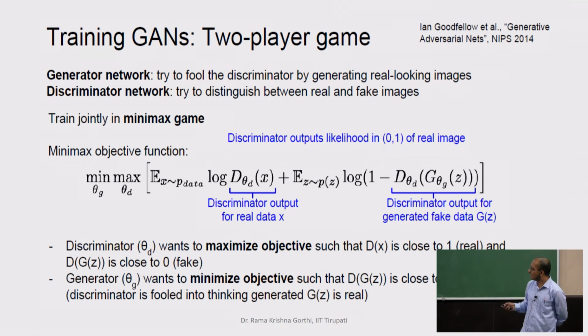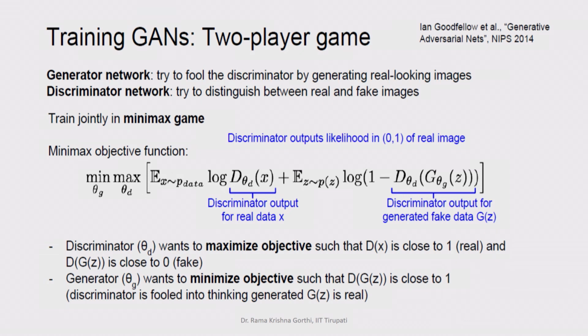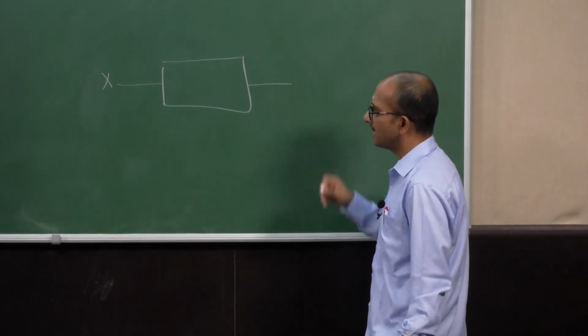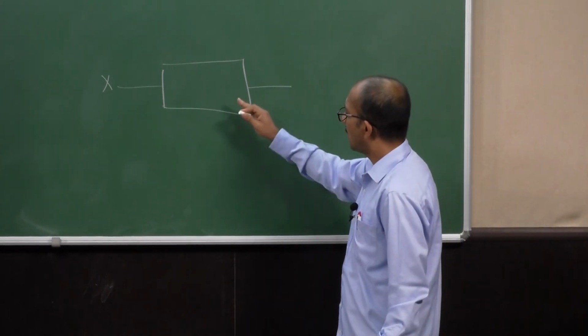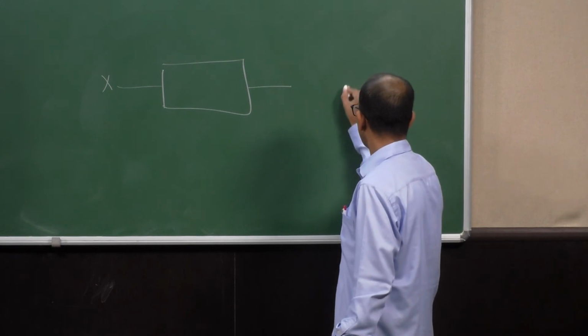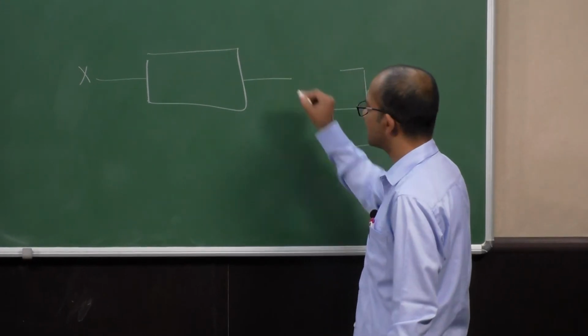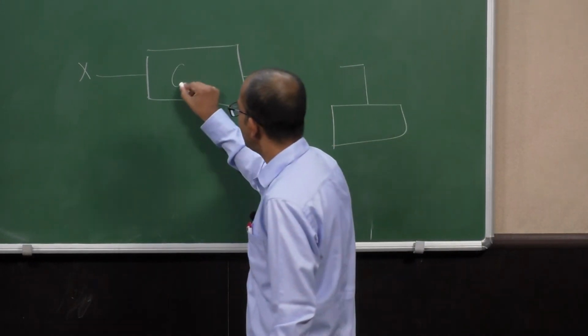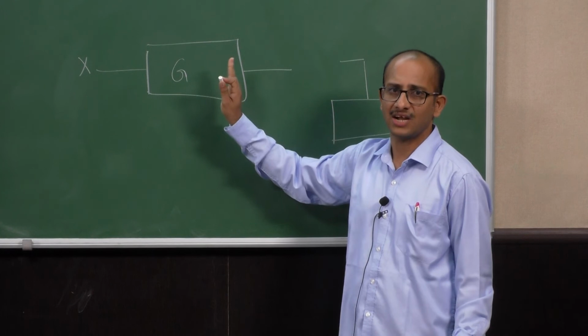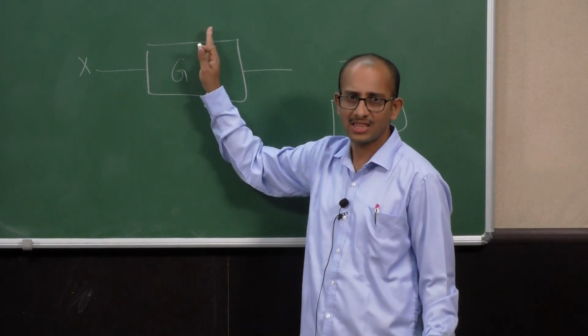So how is it usually done? Please note, assume that we have some random sample and we would like to generate a sample of another distribution, and we have a discriminator here which tries to see whether this generated sample is correct or not. G is the whole representation of the network, that is, whatever layers and so on.